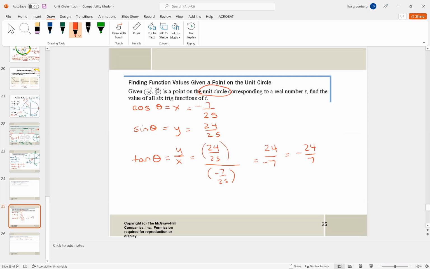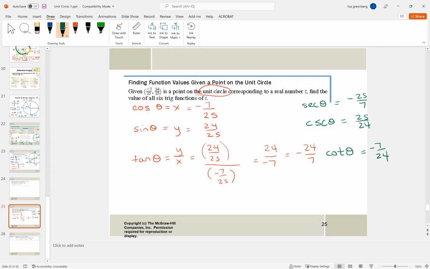So now that I have all my main functions, the reciprocal of cosine is secant, so I get negative 25 over 7. The reciprocal of sine is cosecant, which gives me 25 over 24. And my reciprocal of tangent is cotangent, which gives me negative 7 over 24.